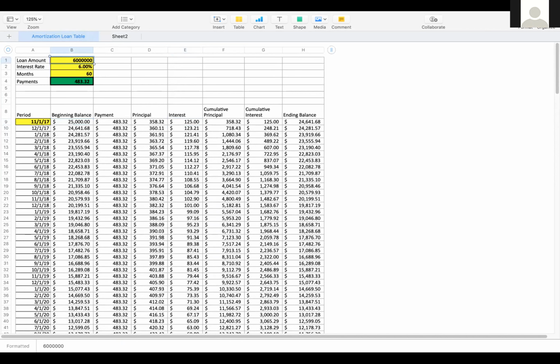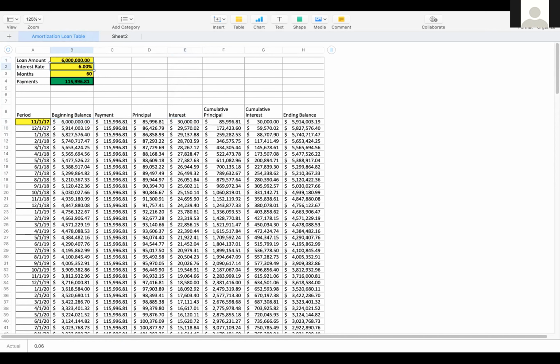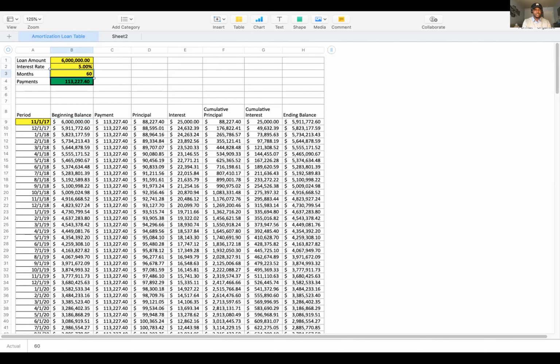How would this work if the interest rate varies? This right here wouldn't work with this spreadsheet because it's too simple. But if you have a variable interest rate, I'd probably just duplicate this. I'd make multiple versions of this sheet.